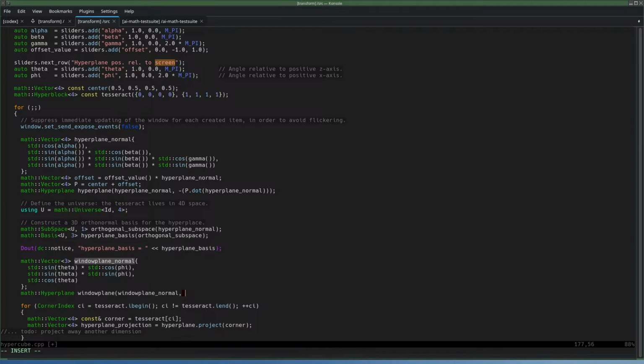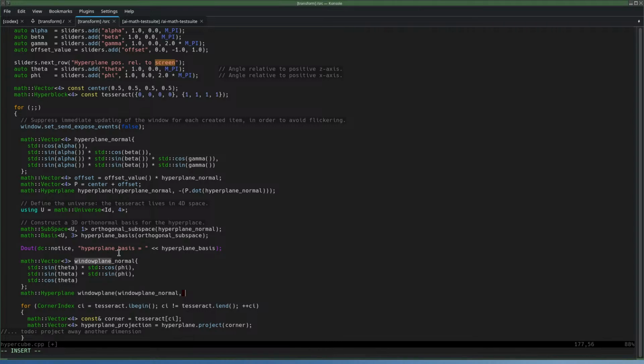The thing has an origin, but the point 0, 0, 0, the origin of the hyperplane, is also in the window plane. Because maybe I shift the window plane, but I shift it in its own plane.